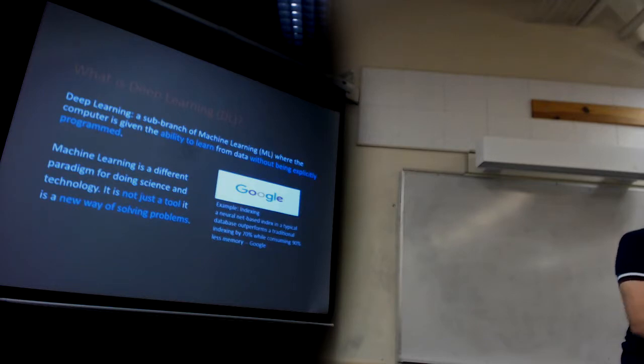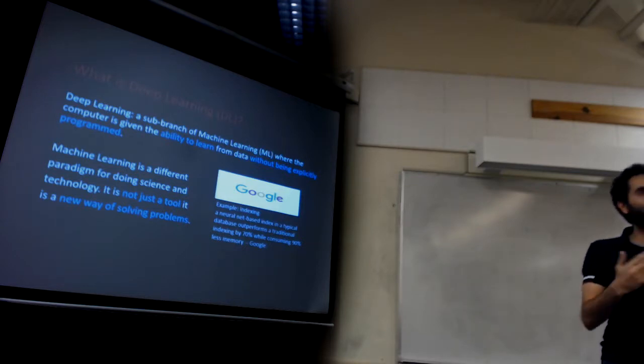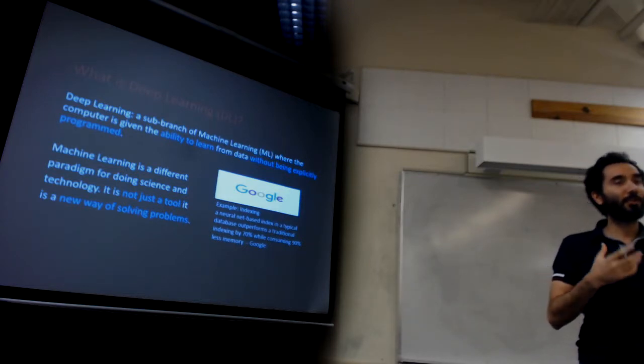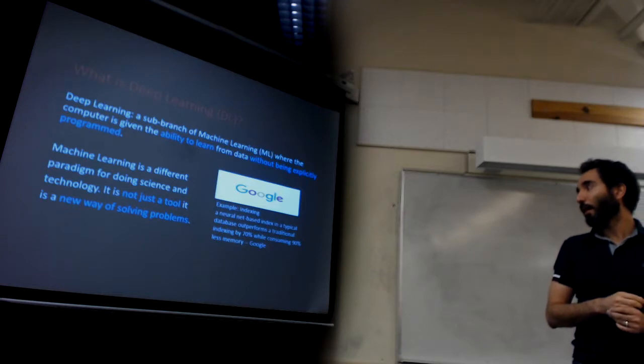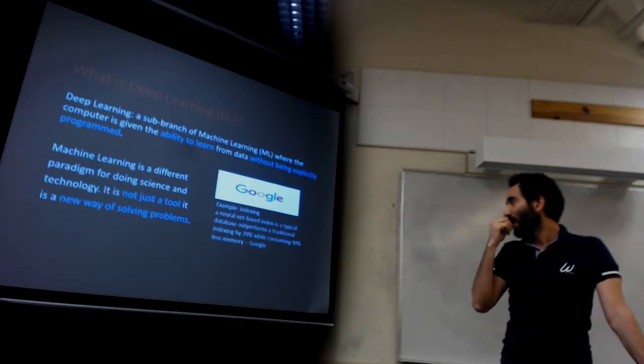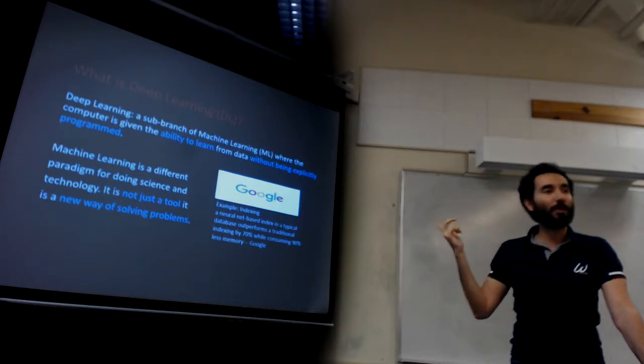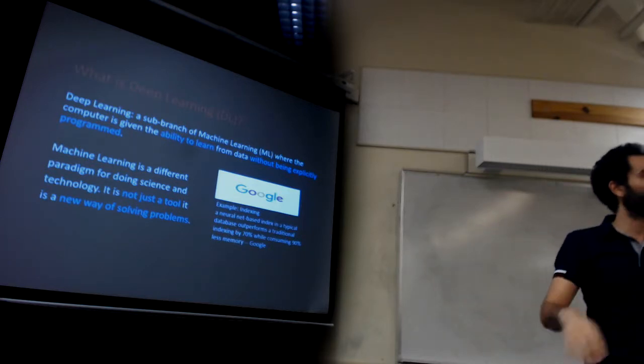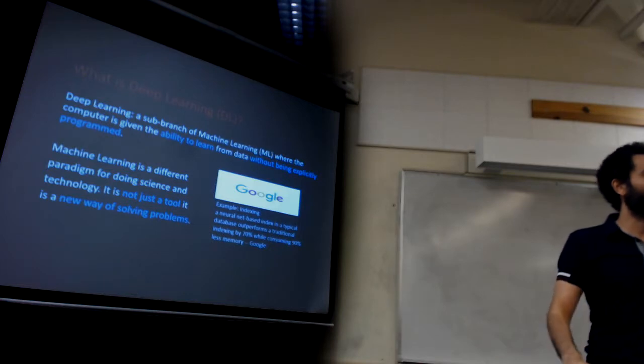So, in fact, for many other things that we were doing traditionally, and you feel that most probably there's not going to be a teaching method that you can apply to them, you can still use machine learning algorithms. This is a recent example from Google, and they were going over indexing, basically search and stuff like that, which Google is the best at.